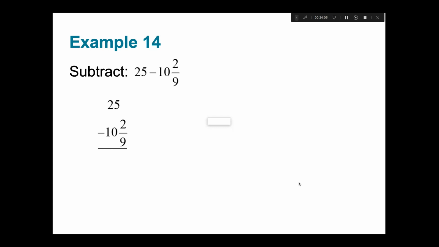Is there a fraction for me to take my fraction away from? No. So I have to borrow again. I have to put a fraction there. If I'm borrowing from this 25, it becomes a 24. And my fraction that I'm going to put here to subtract from would be what? Remember, we need it to equal 1 and have a common denominator.